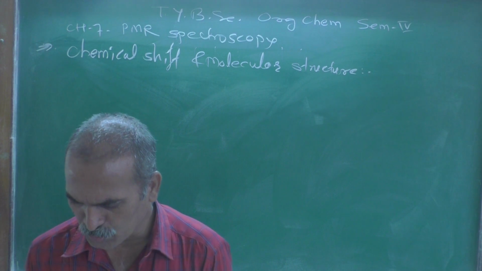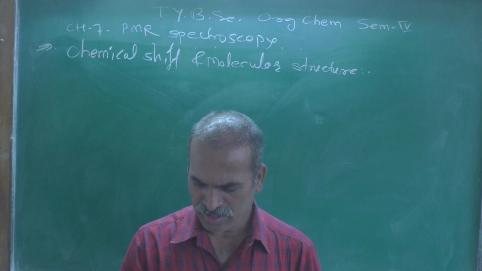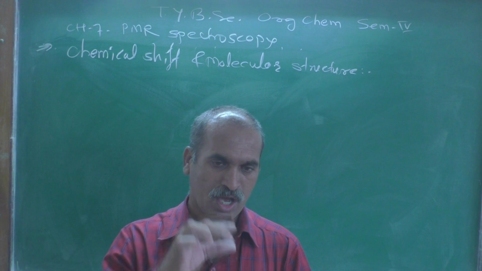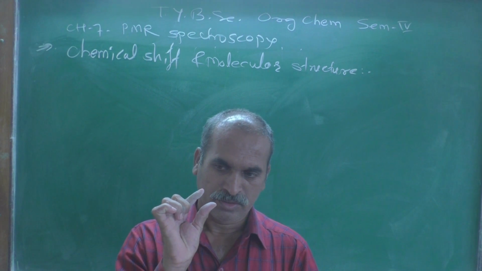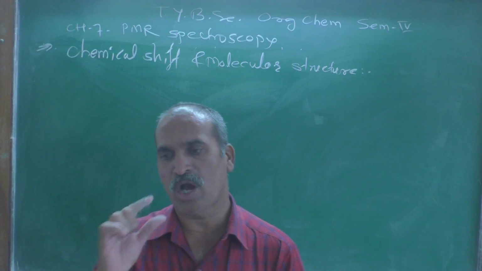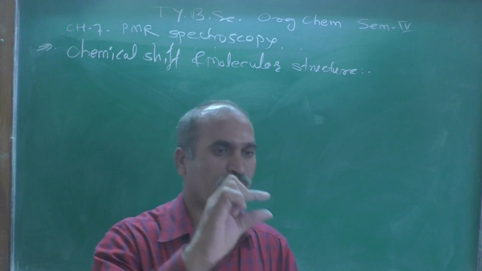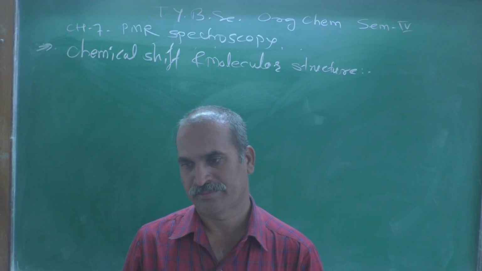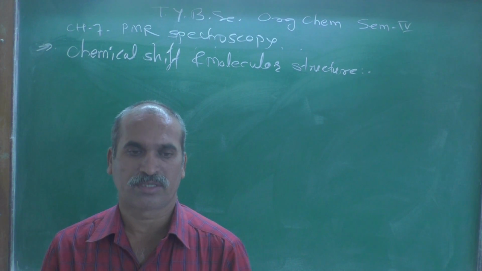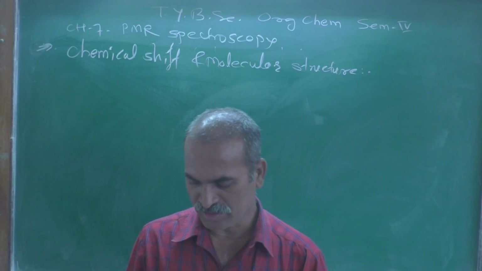Let us try to correlate structural feature and chemical shift value. Structural feature is very important: how the atoms are oriented around the proton, depending upon their geometrical structure, the chemical shift value also changes.